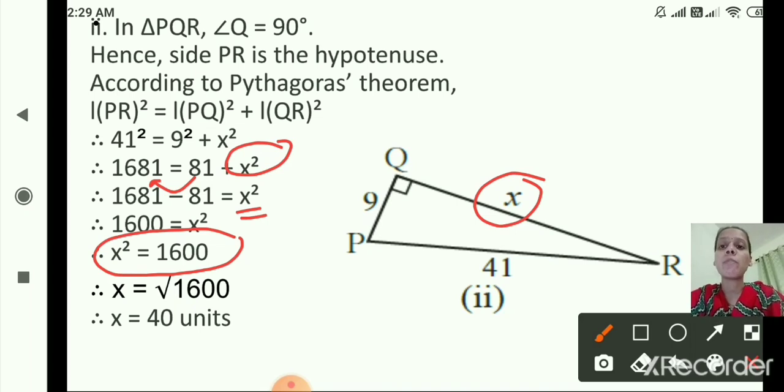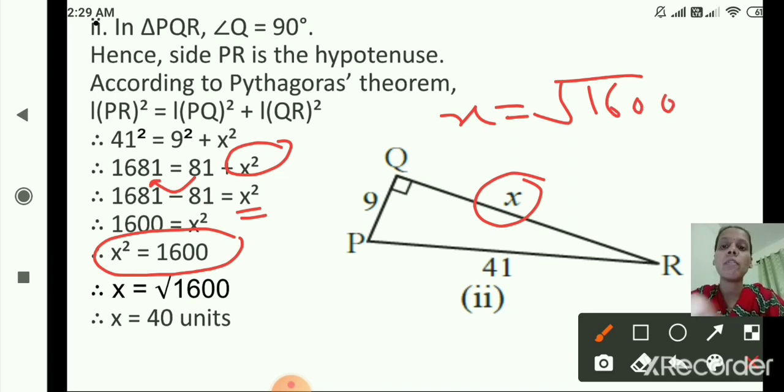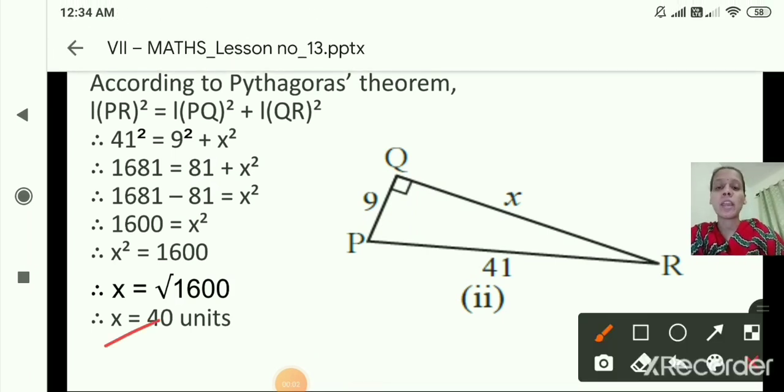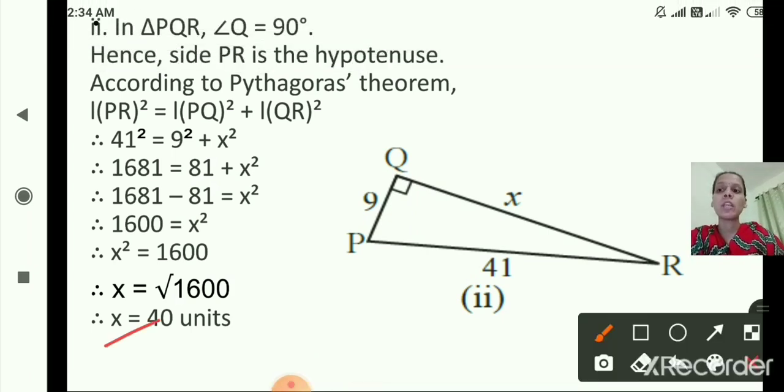So how will you find the value of x? If x square is equal to 1600, then x is equal to square root of 1600, only then we'll get the value of x. So the square root of 1600 is 40. x is equal to 40 units.